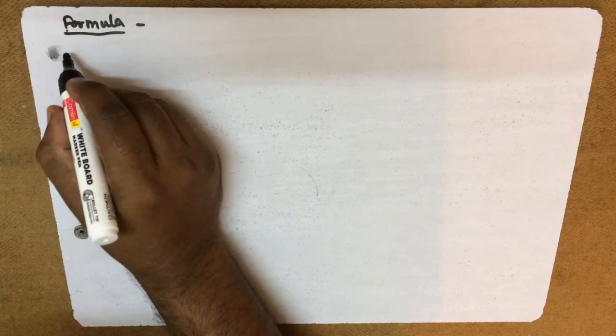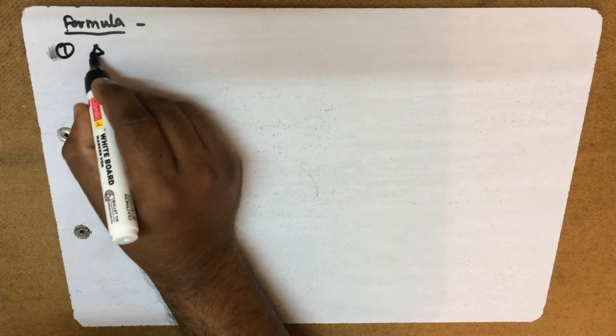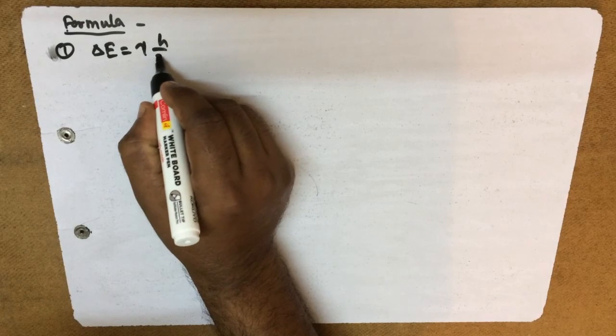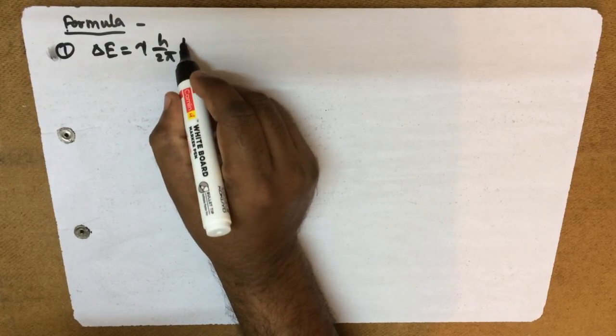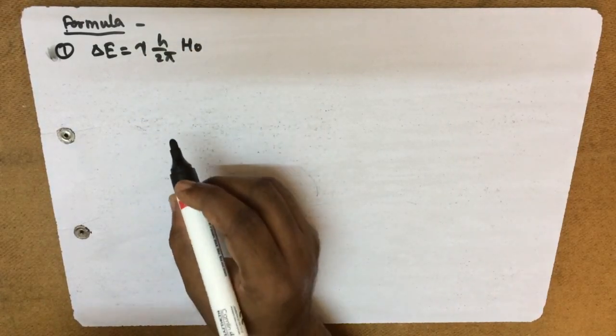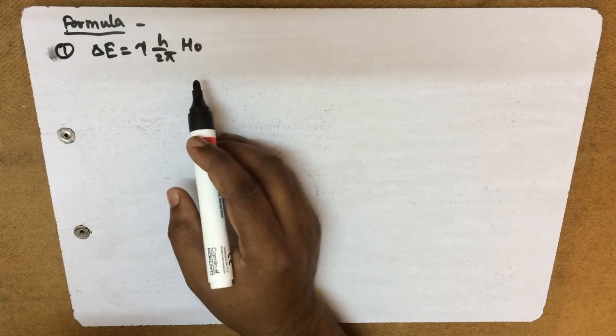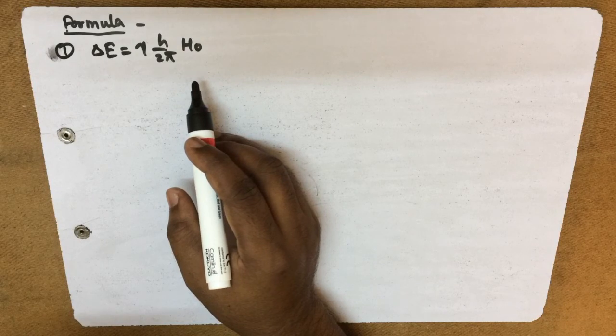Formula number 1: delta E is equal to gamma h upon 2 pi into H0. H0 is the magnetic field, and delta E is the energy difference between the alpha and beta spin states.